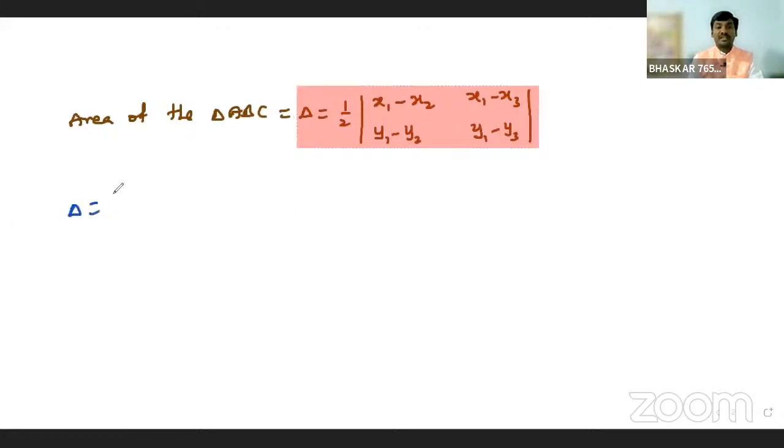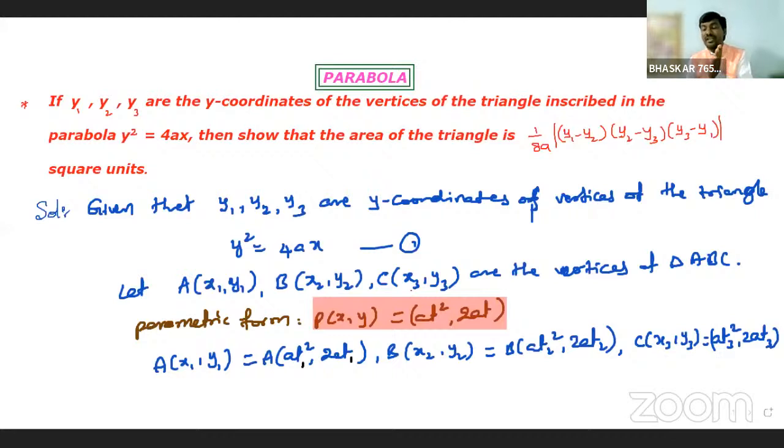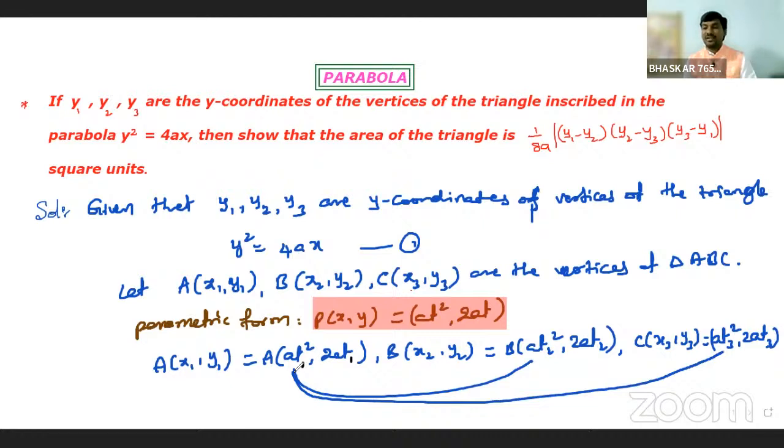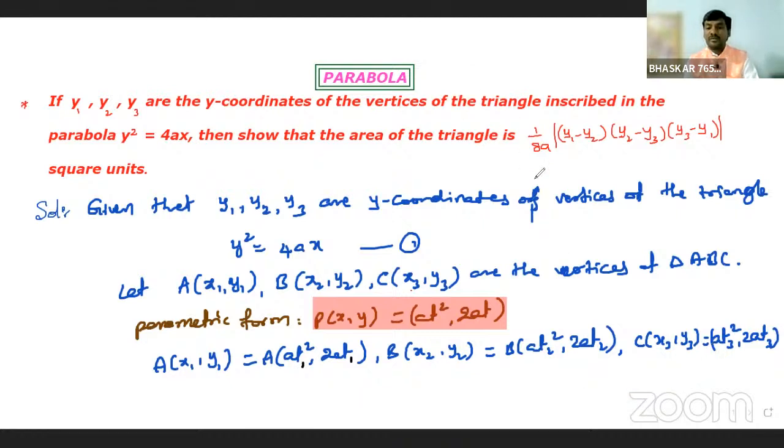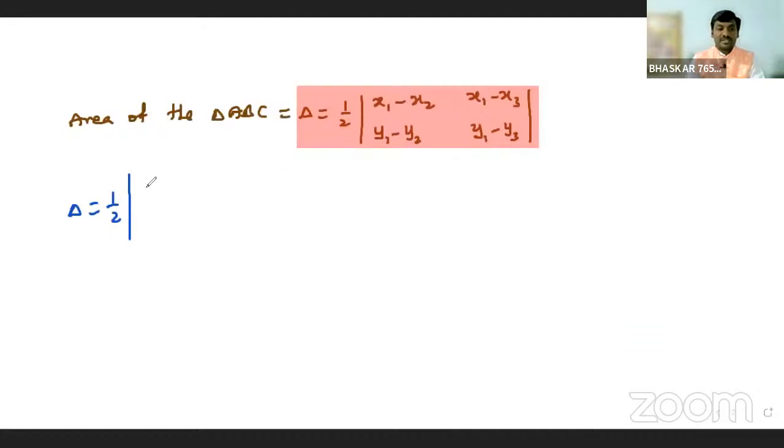Now, delta is equal to 1 by 2 into the determinant. Here x1 means a t1 square, x2 means a t2 square, and next a t3 square. From a t1 square subtract a t2 square, and from a t1 square subtract a t3 square.